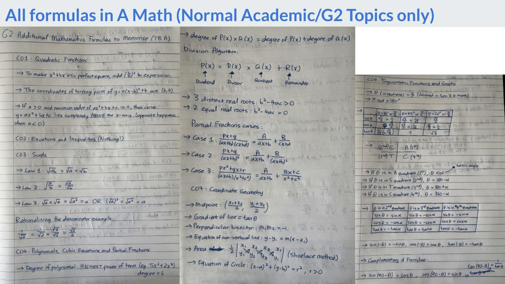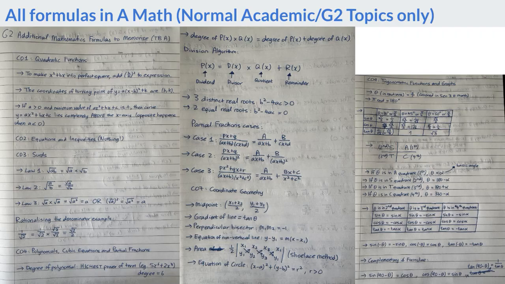Next is how you should evaluate sine minus theta. This is only when theta is negative. So sine of minus theta will obviously be negative sine theta. I think this also makes a lot of sense. For cosine, negative theta is cosine theta. Why? Because when your theta is negative, when you invert it, your cosine should be positive.